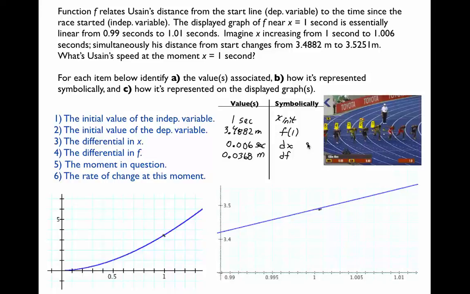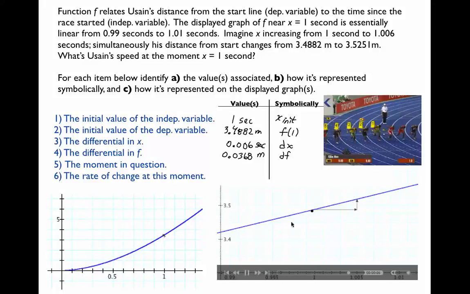Let's talk about some on the graph. What about the initial value of the independent variable? Where's that represented on the graph? Basically, x equals 1. How do you see that in the graph? Do you see that here? Do you see it here? No. Where do we see x equals 1?